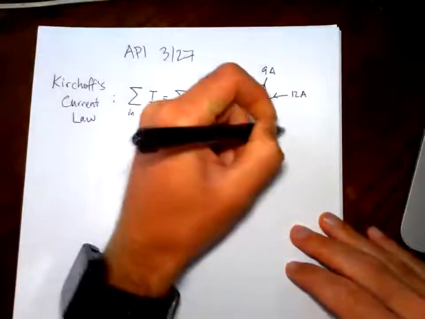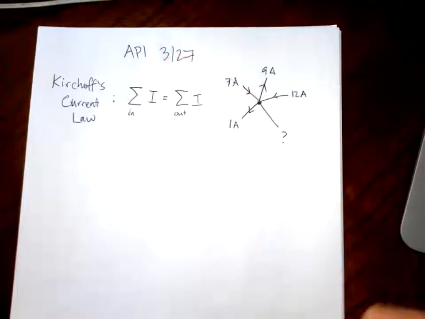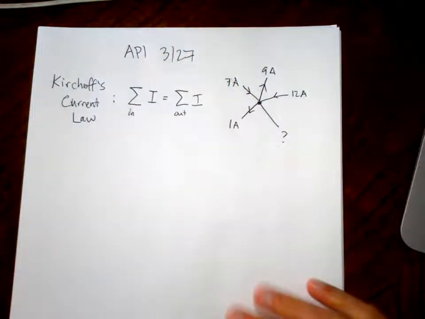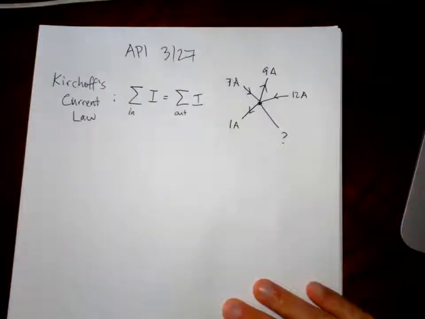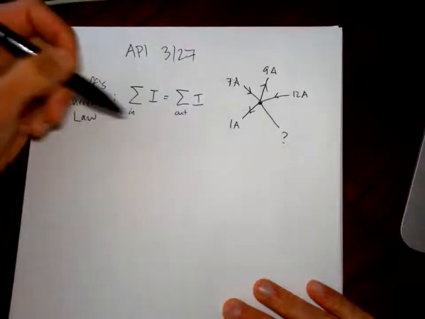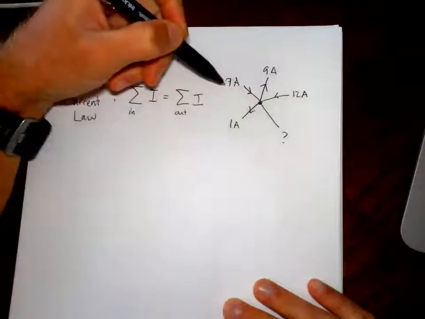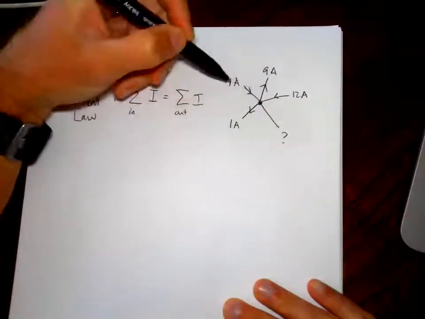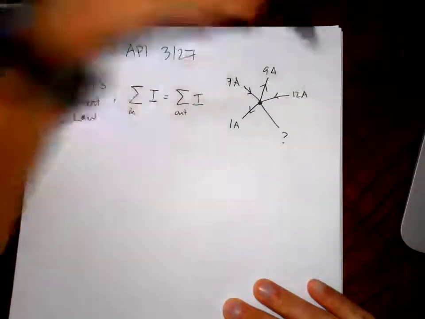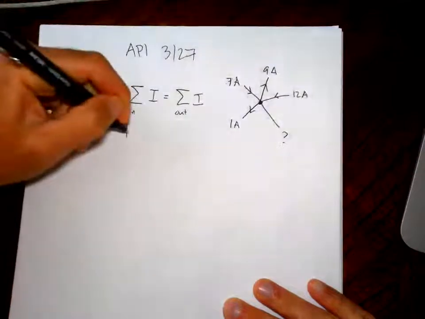And we want to figure out what is this unknown current. So what we want to do is we want to know how much current is going into this junction. I've got 7 amps going in and I've got 12 amps going in. So that's 19 amps going in.